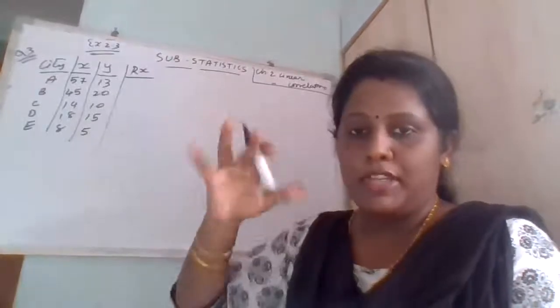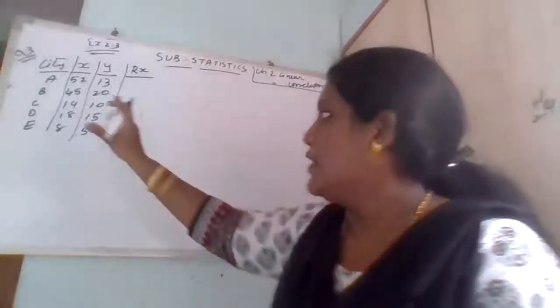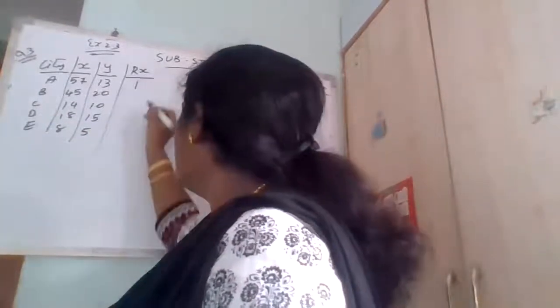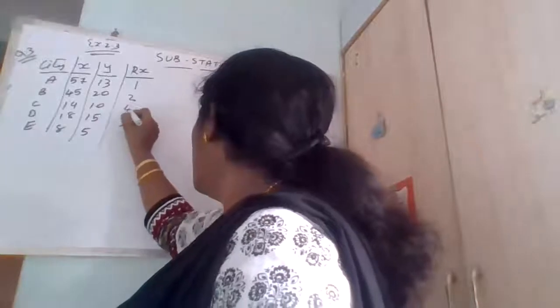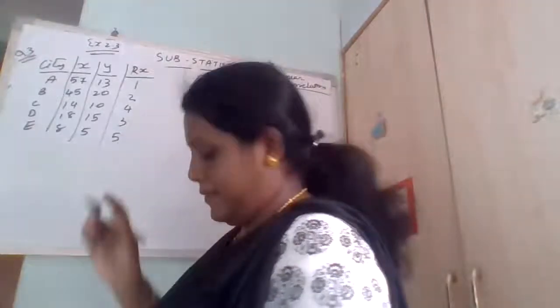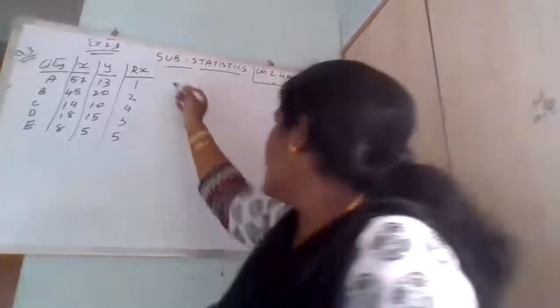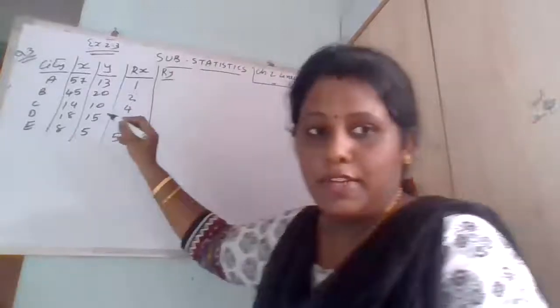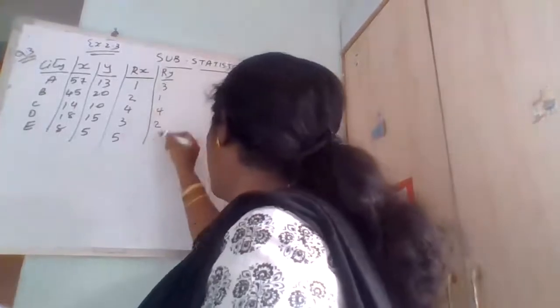Whoever has more marks gets the first rank, same concept. For X, first rank goes to 57, that is 1, then 2, 3, 4 and 5. Okay, then for Ry, first rank goes to 20, that is 1, then 2, then 3, then 4, and 5.